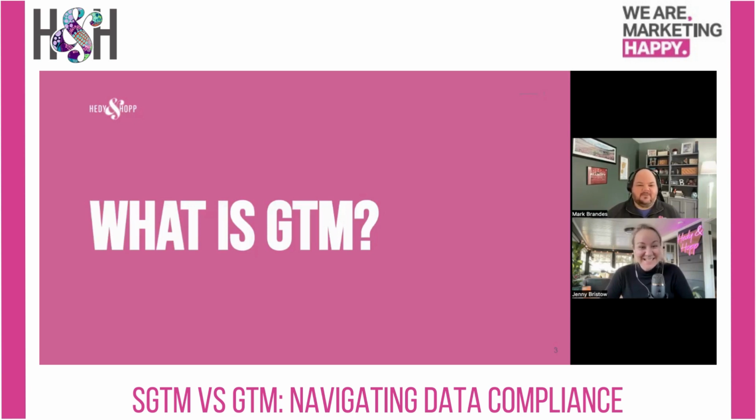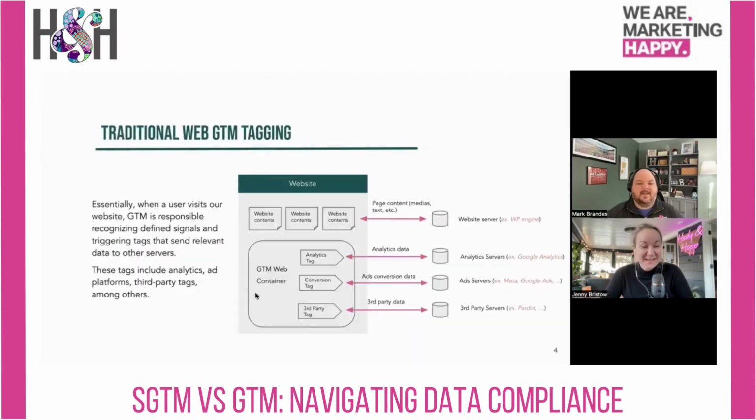It starts off with a software we're all familiar with, which is GTM. A lot of us have used it or are aware of it. I've seen it on our websites. The idea with a traditional web GTM tagging container is that you have this container on your website and it has multiple different tags, all assigned to different events or different platforms.